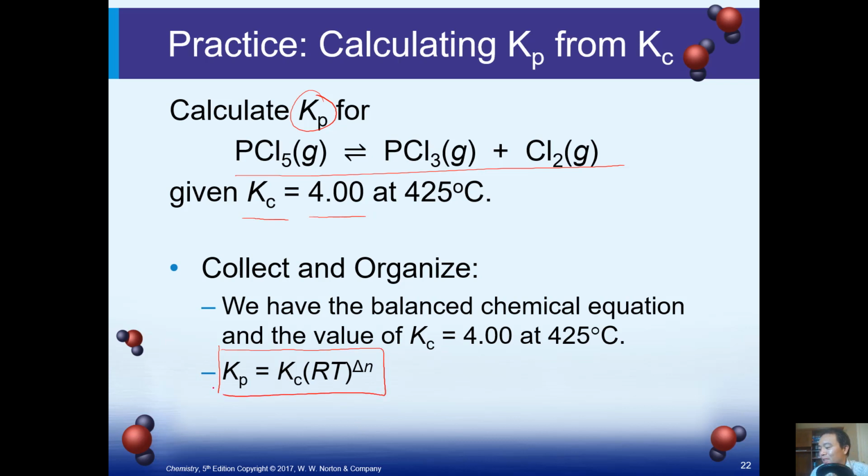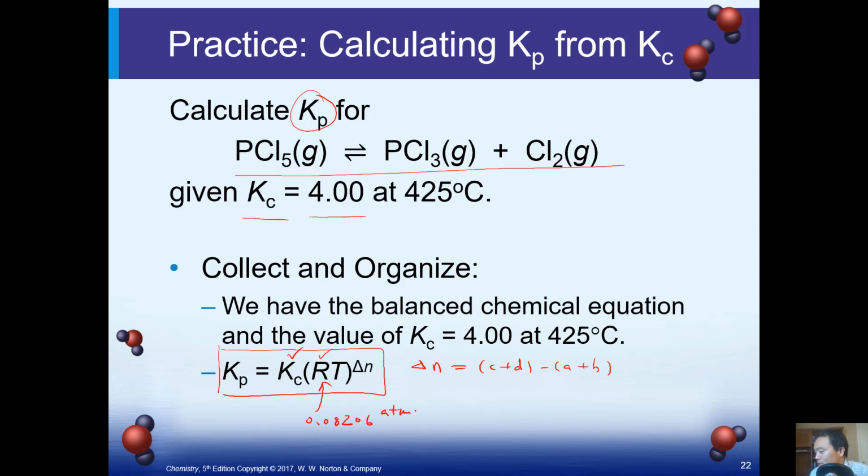Kp equals Kc times RT raised to delta n, and do remember the delta n is actually C plus D minus (A plus B). Another thing is, of course, you are given this Kc, and R is the ideal gas constant. It's the gas constant.